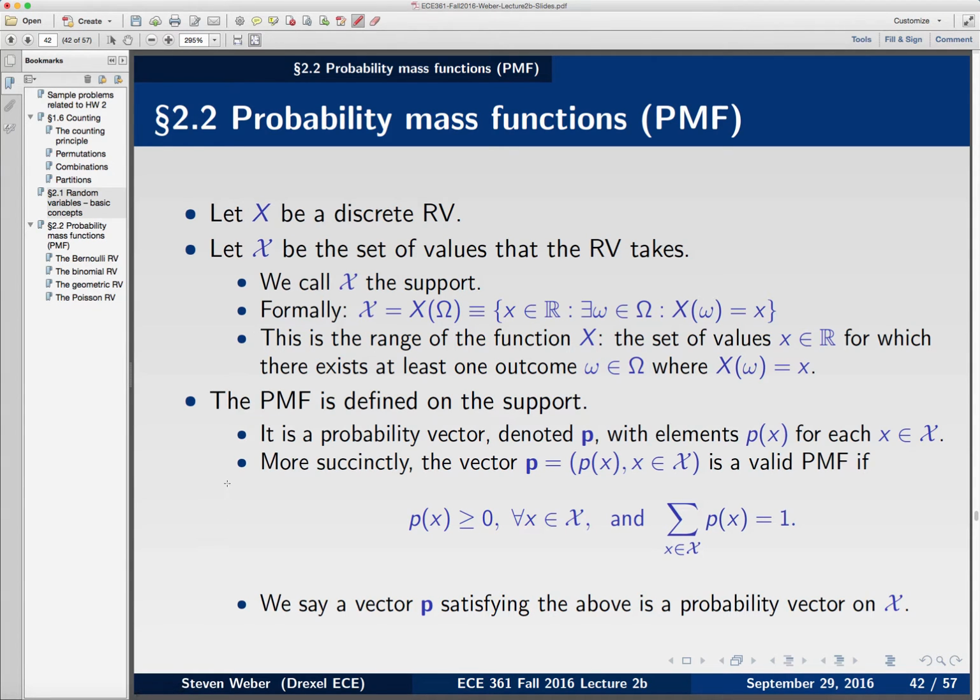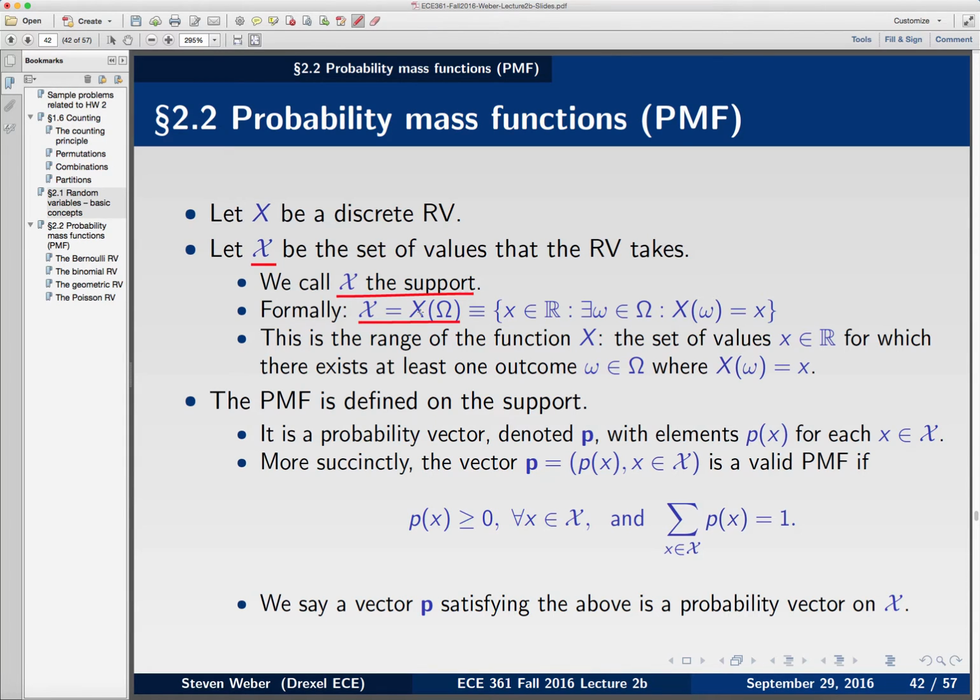Our canonical random variable will be called X. Let this symbol, script X, be the set of values that the random variable X can take. We call script X the support. Formally, script X is the range or image of the function X.